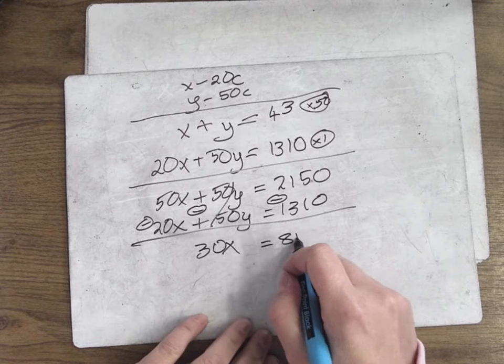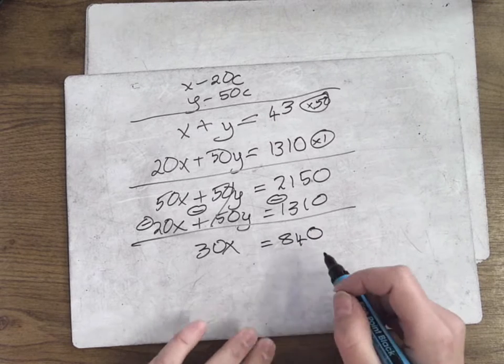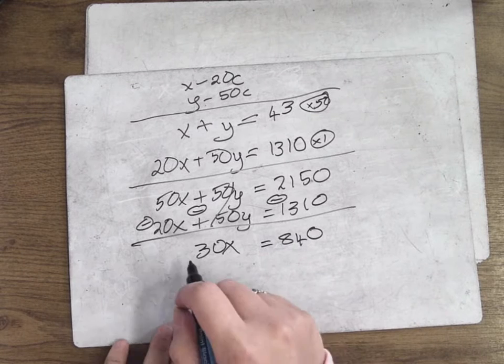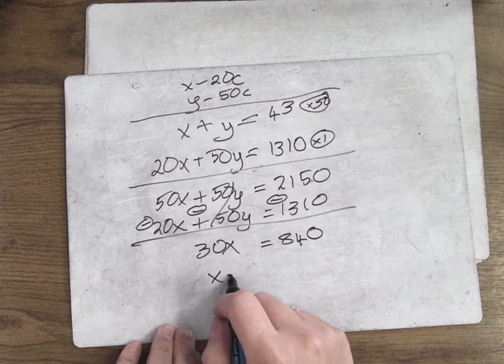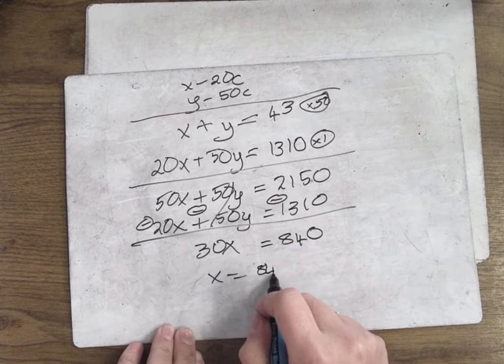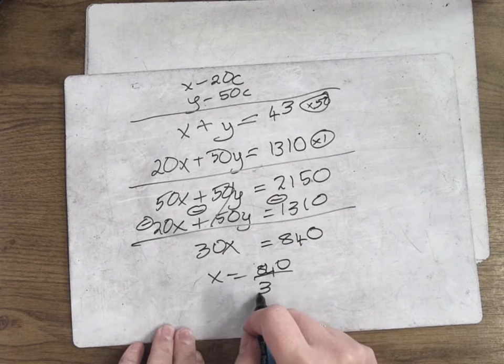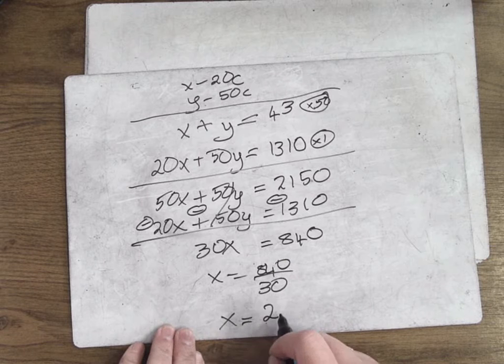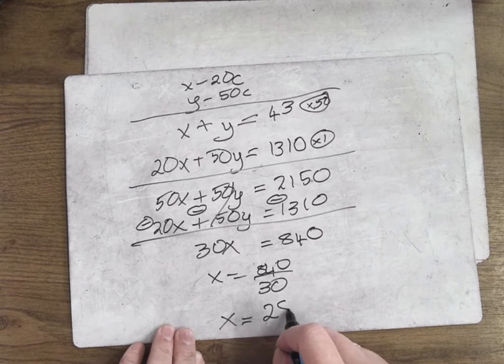I think it's 840. Would that be right? Yeah. And then divide by 30, so it's 840 divided by 30. So that means x is equal to, that goes twice, and that goes 8 times, I think.